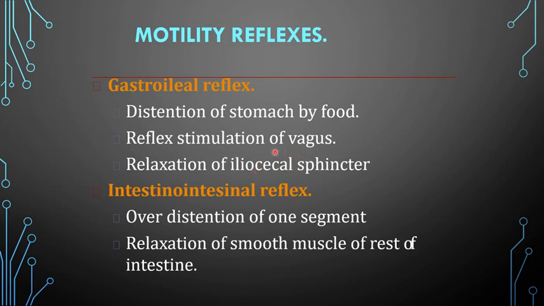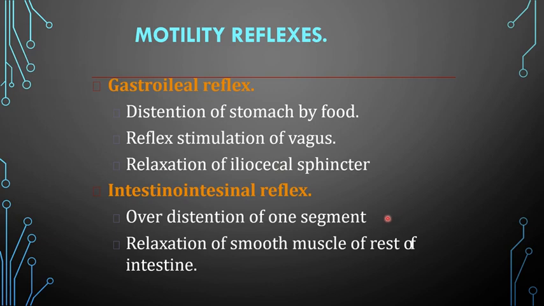This is mediated by reflex stimulation of the vagus. When the stomach is distended by food, there will be stimulation of the vagus, which causes relaxation of the ileocecal sphincter. This increases the entry of the ileal contents into the colon. Because the ileocecal sphincter has relaxed, the food will enter the colon.